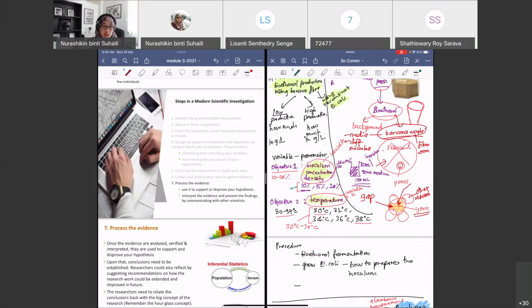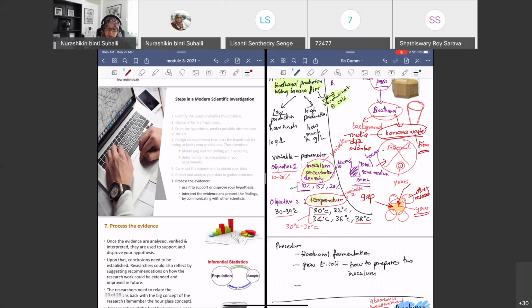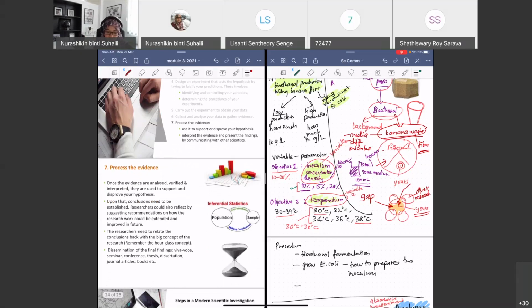Based on the data that you have, you compare, you process it, and you can make the conclusion. So that is meant by the first point here: you use it to support or disprove your hypothesis. When you process it, you already know which hypothesis you accept and what the conclusion is, whether or not you answer objective one, whether or not you answer objective two.